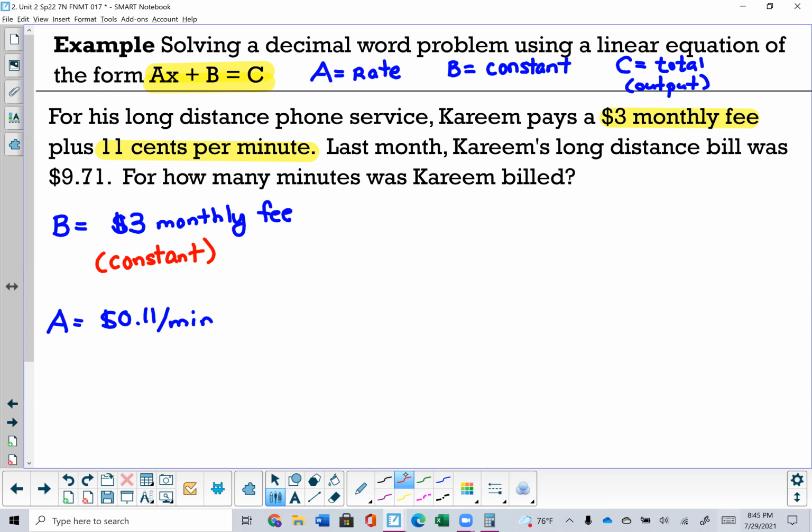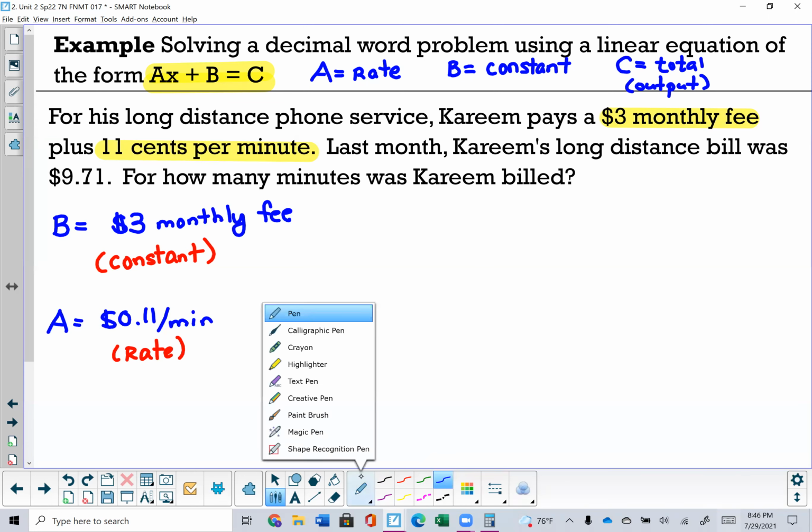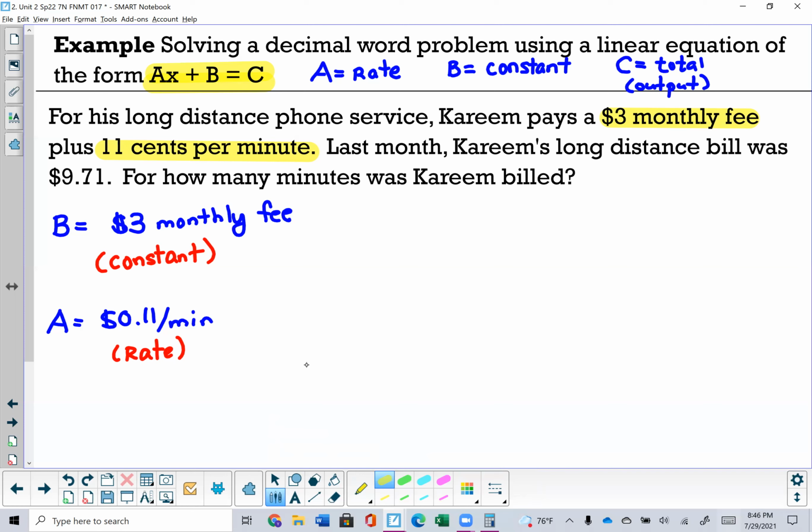That is our rate. And then we're given the total for Kareem's bill. Right? The long distance bill was $9.71 total.